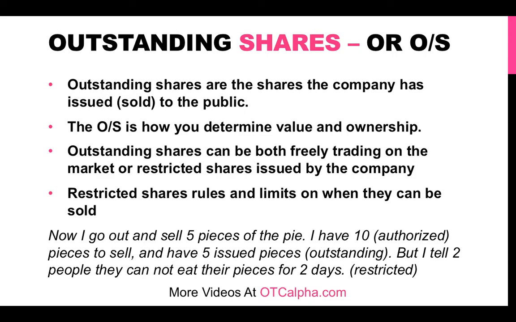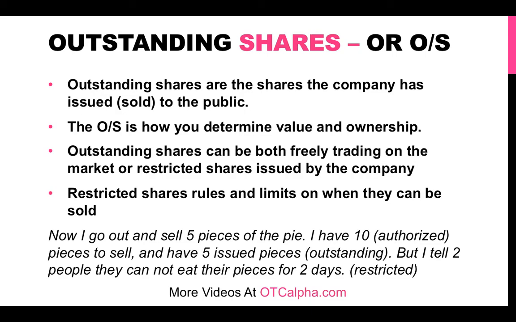Restricted shares have rules and limits on when they can be sold. After a company sells them to someone or gives them to someone for their services, these shares could be restricted, meaning they cannot be traded for a certain amount of time. There's usually about a year time limit depending on the deal, and we'll get into that in other advanced videos. But it's important to know that there are two components to the outstanding shares, which are the freely trading shares and restricted.